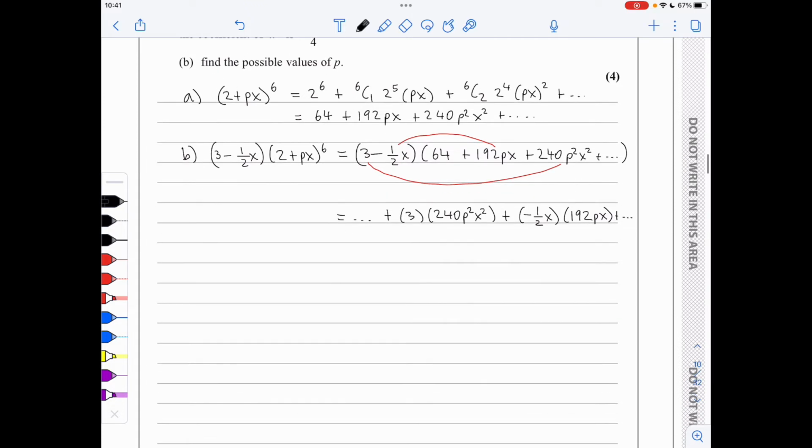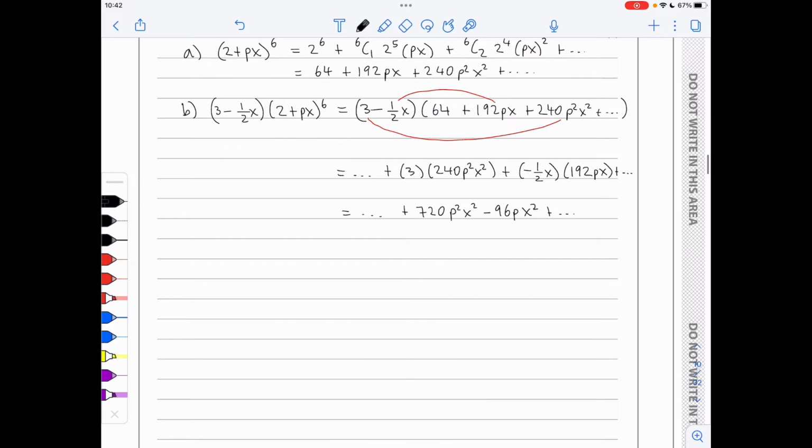So this is giving me 720p squared x squared minus 96p x squared. So I know that the coefficient of x squared will be 720p squared minus 96p. This will allow me to form an equation. 720p squared minus 96p is minus 3 over 4.